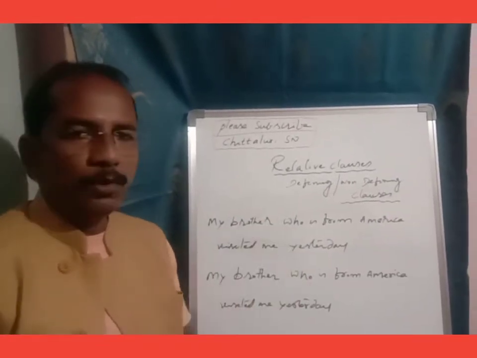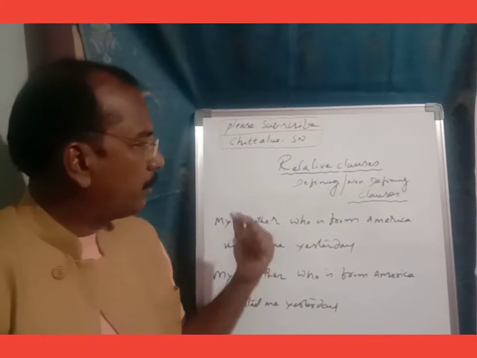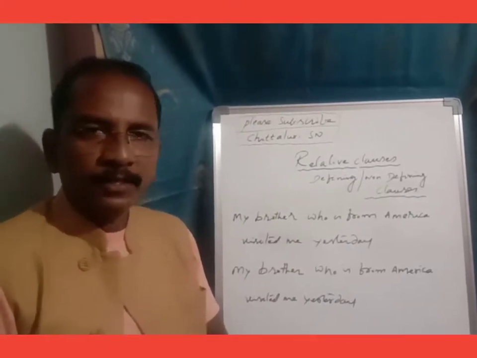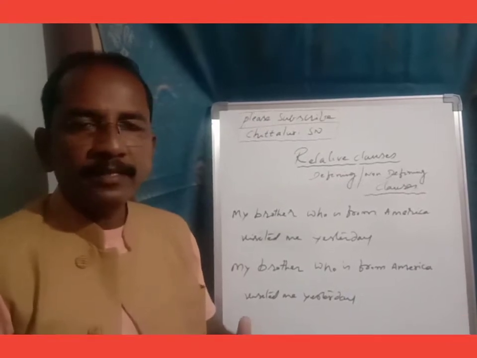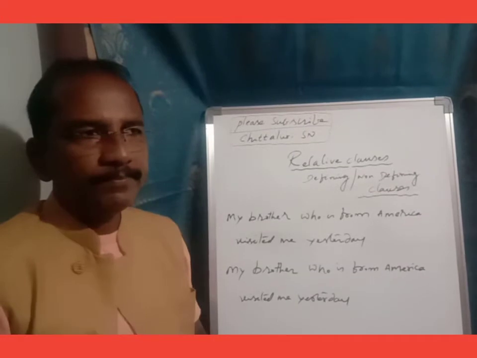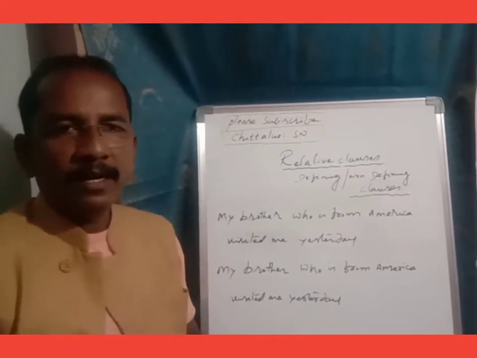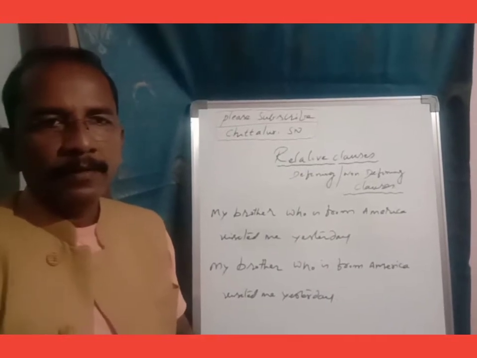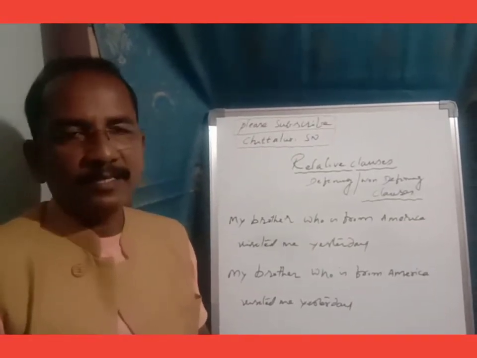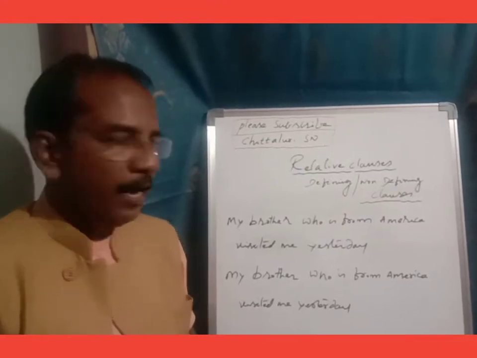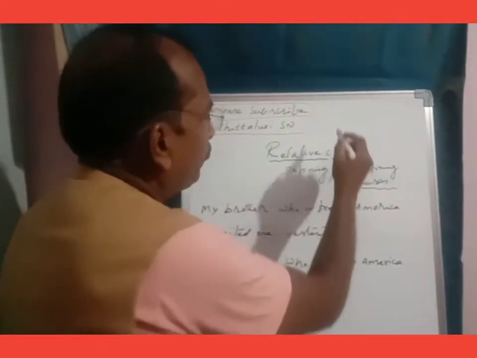Friends, before knowing about relative clauses, let us know what a clause is. A clause is a group of words which forms a sentence containing a subject and predicate of its own.